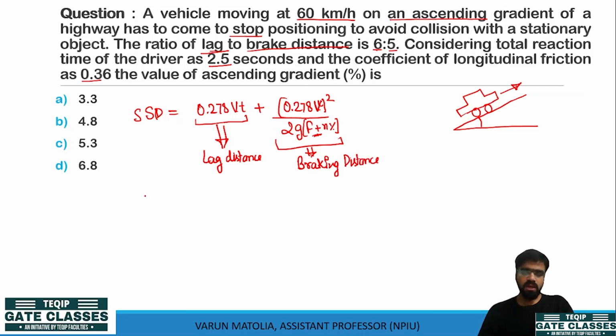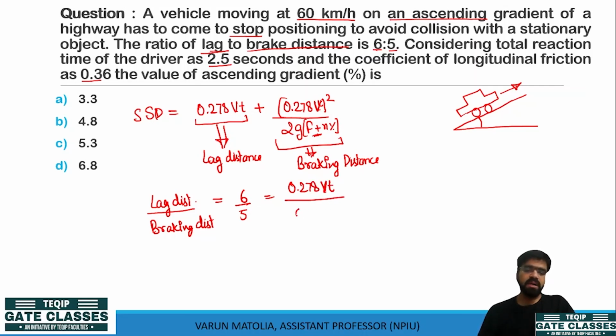Now the question says lag distance by braking distance is equal to 6/5. From this equation, we can write this as 0.278 Vt divided by 0.278 V square whole divided by 2g, F plus n%. Let us simplify this value.